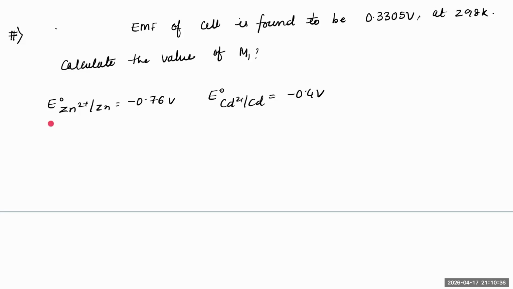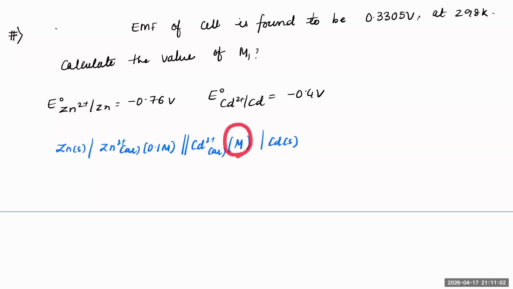The E naught value of zinc is given, the E naught value of cadmium is given, and then the cell notation was given like this: Zn, Zn2+ aqueous of 0.1 molar, with a salt bridge, Cd2+ aqueous of m molar, becoming Cd solid. So we are expected to calculate the value of m. Let me write this as m1 because that's what is mentioned in the question.